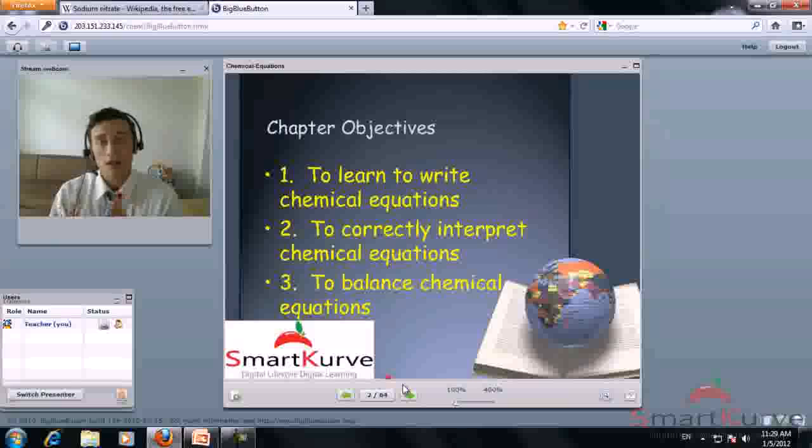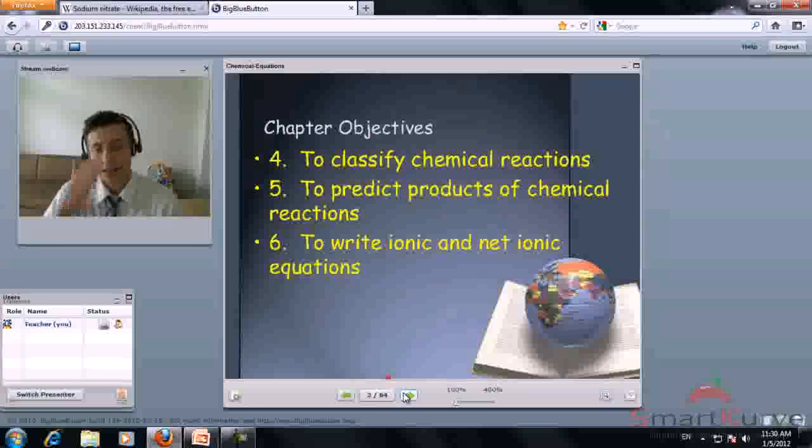Now this rule is very important when it comes to chemical equations, because in every chemical reaction we have to have the same amount of everything. We have to have the same amount of oxygen on both sides of the equation, the same amount of hydrogen, the same amount of carbon. None of these elements can be created or destroyed. All right, with that in mind, let's move on.